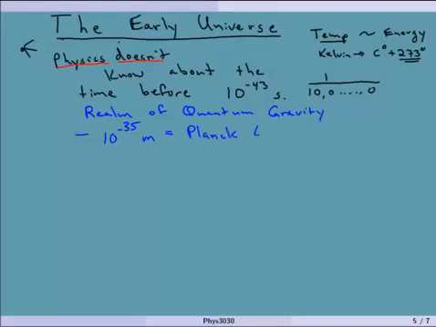I can make up units if I use something called Planck's constant, which is a constant from quantum mechanics. This 1 over 10 to the 43 is called the Planck time, and physics can't tell us about what happened before the Planck time or anything smaller than the Planck length.